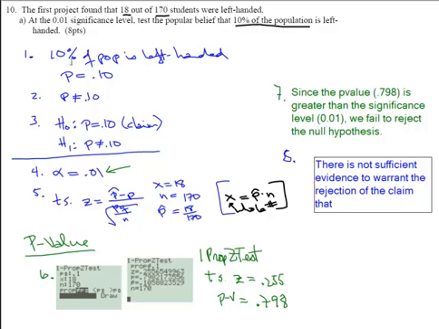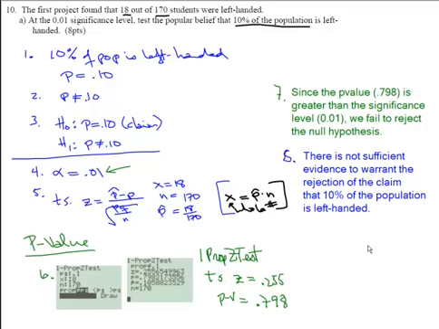That's why in step one it's always good to write the claim in words first before symbols. So let's write it in words. 10% of the population is left-handed. Okay, so this would be our conclusion, and this would be the final step for your hypothesis test. This is problem number 10.